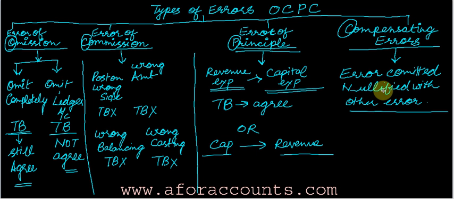Say maybe the purchase journal may be cancelled out with the undercasting of the sales journal. I have not written the full amount in the purchase journal. But if the sales journal is also undercast, then these two errors compensate each other, and in the trial balance the error will not be shown. So when one error compensates another error, it is called a compensating error, and your trial balance will still agree.